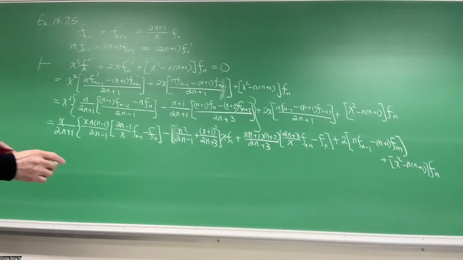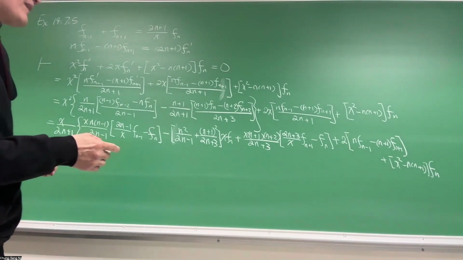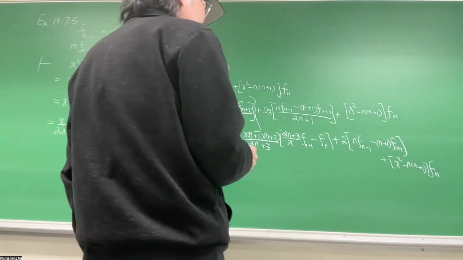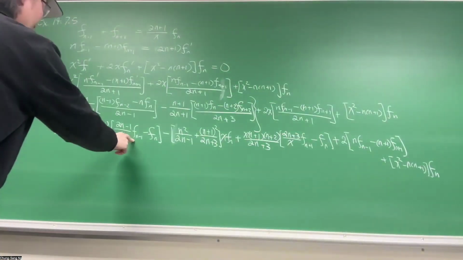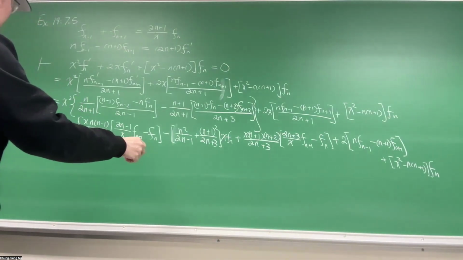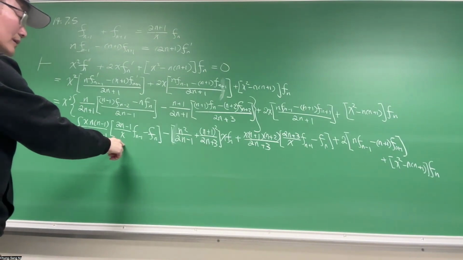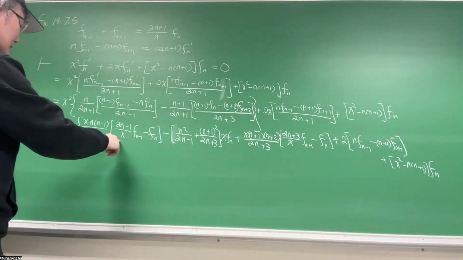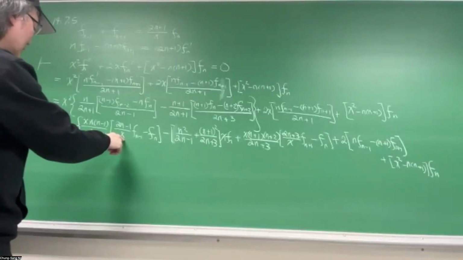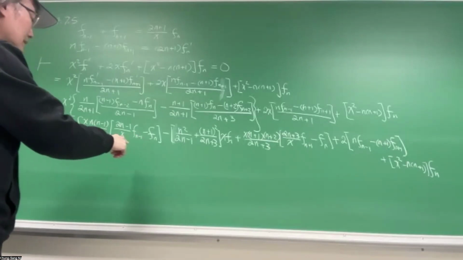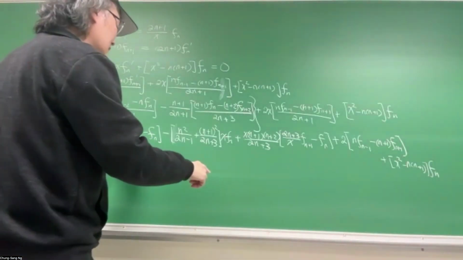Now, hopefully we have cancellation, right? We have the n minus 1 term. So the good thing is the x cancels for f(n minus 1). X cancels. So you have f(n minus 1), right?